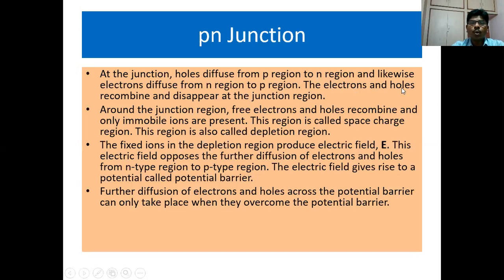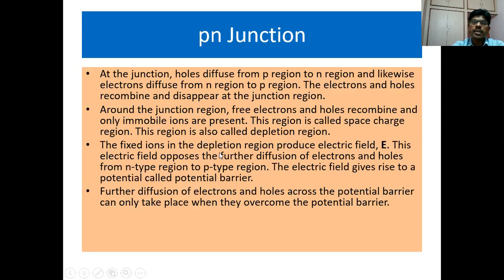The electrons and holes recombine and disappear at the junction region. Around the junction region, free electrons and holes recombine and only immobile ions are present. This region is called space charge region or also called the depletion region.